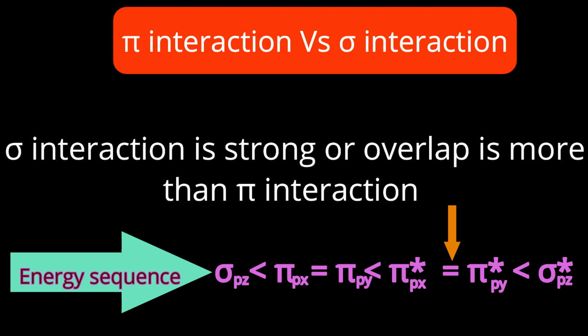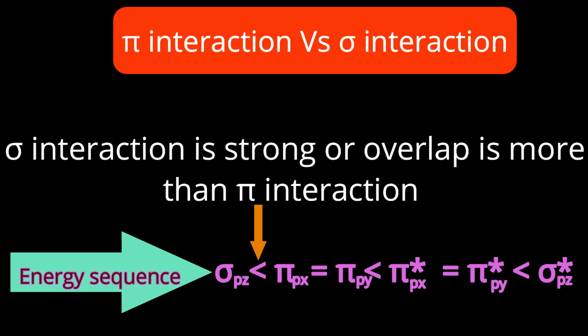I want to compare now the interaction between pi symmetric atomic orbitals and sigma symmetric atomic orbitals, meaning interaction between pz orbitals and px or py orbitals. What do you think? Where will there be more interaction, strong interaction, more overlap?